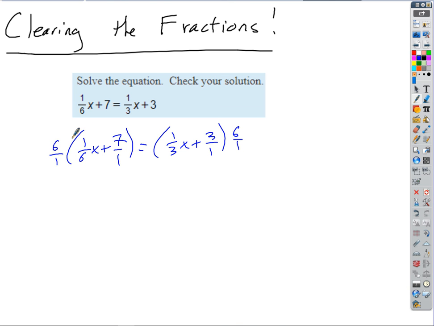If I multiply 6 times 1/6, what do I get? 1. Yeah, so they cancel, and that first term is just going to be an x. 6 times 7, I heard it, 42. 6 times 1/3, 2, right? That'd be just 6 over 3, which would be 2. So I'm going to get a 2x on that side, and then 6 times 3 is 18.